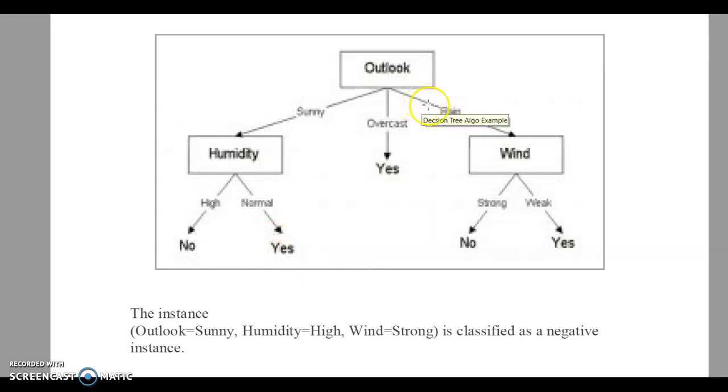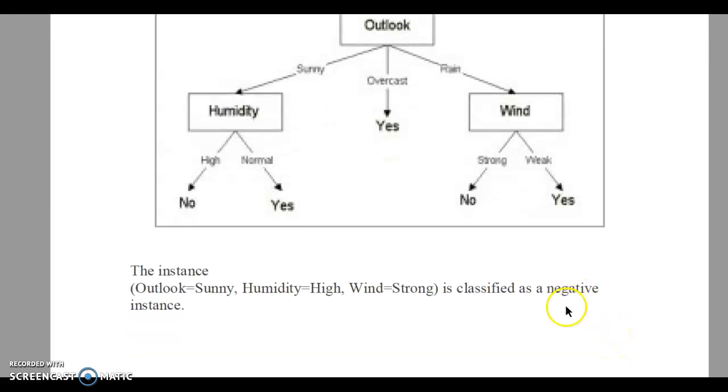For rain, if the wind is strong, then no playing the cricket; if the wind is weak, then you can play the cricket. One instance where outlook is equal to sunny, humidity is equal to high, wind is strong is classified as a negative instance, that is no cricket.